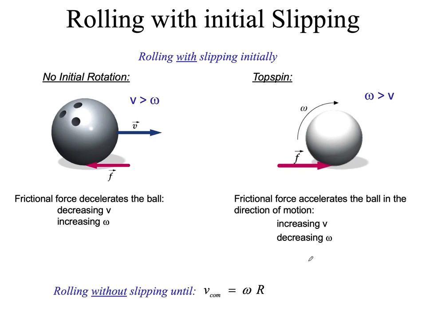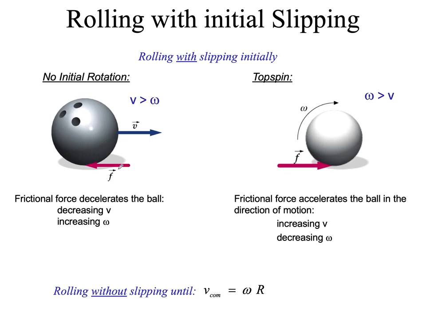So, rolling with initial slipping, there's a couple of possibilities. One is the one we talked about, where when you bowl, you give it a large forward velocity, but almost no omega. So velocity is much larger than omega R. What's going to happen here? The force of kinetic friction between the floor and this is going to be acting against the slide. Remember, friction always acts against the slide or potential slide.